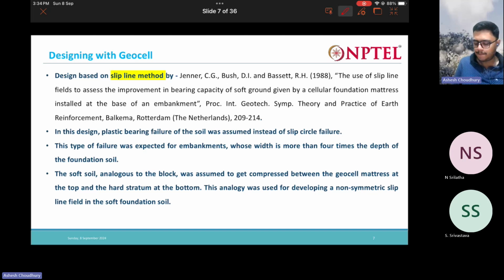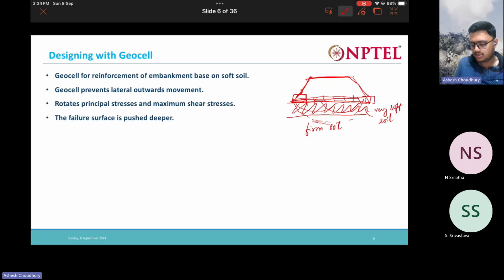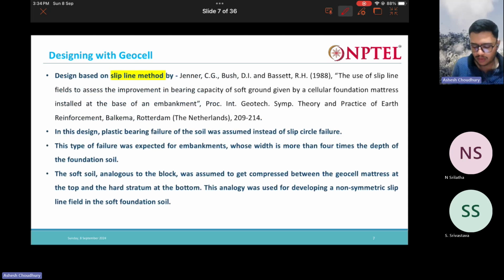This paper is from the proceedings of the International Geotechnical Symposium, Theory and Practice of Earth Reinforcement, held at Rotterdam, Netherlands. It is a conference paper given by Jenner and co-authors.